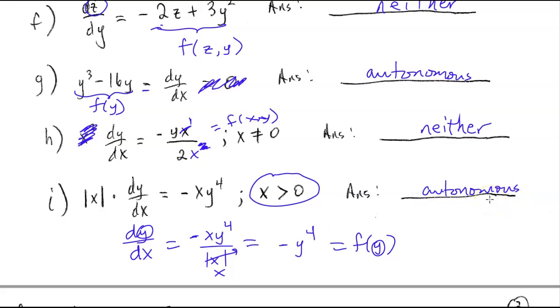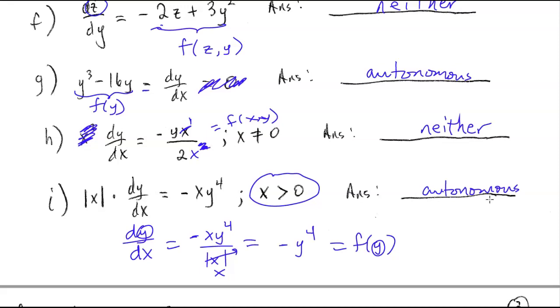All right, so we've gone through a lot of examples of being able to recognize when a first order differential equation is autonomous, when it is directly integral, and when it's neither autonomous nor directly integral. Now, again, the reason that we want to do this is because for a directly integrable type of differential equation, we already know how to attack solving that particular type.